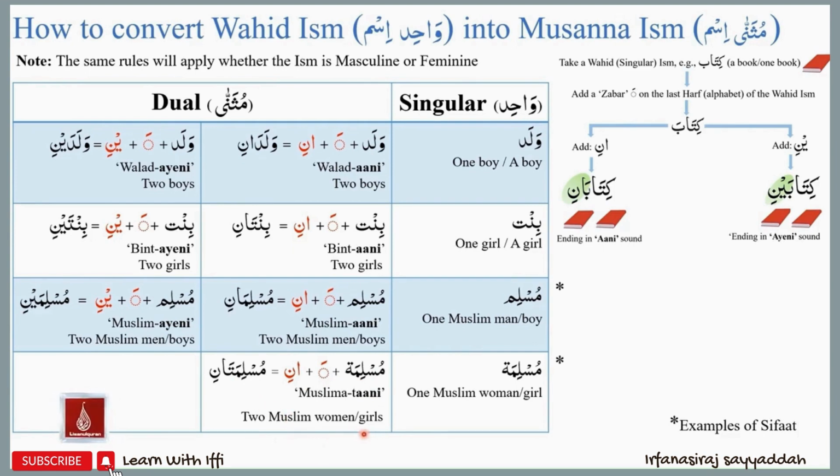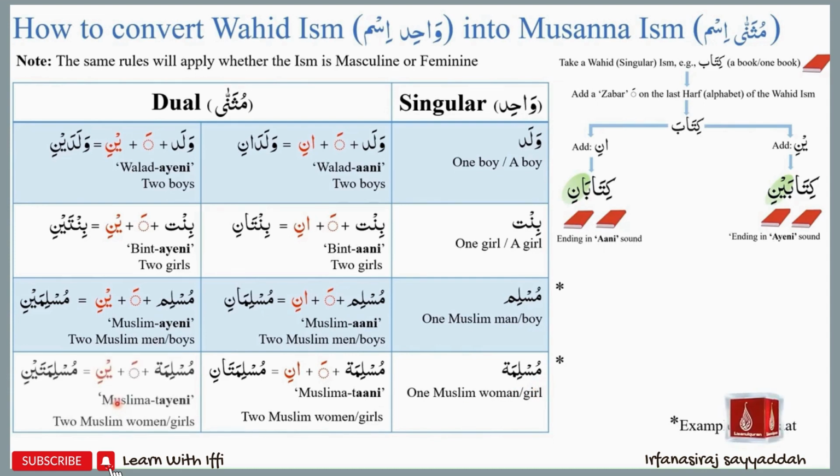And the second musanna version of Muslima will be Muslimataini. Again, we'll have to open up the gol ta or get rid of the gol ta at the end, add a zabar on ta, followed by ya and noon zair, which we will convert into Muslimataini.